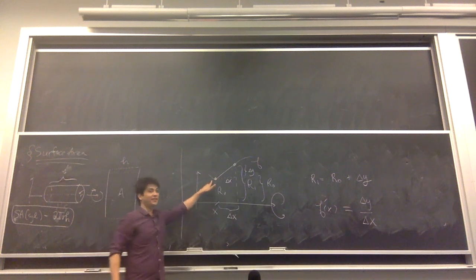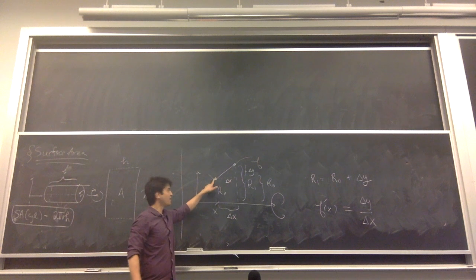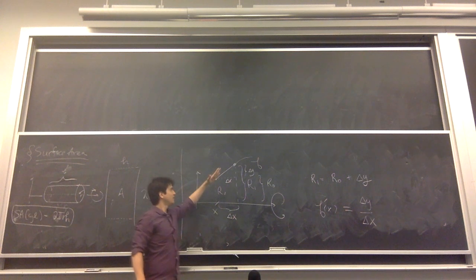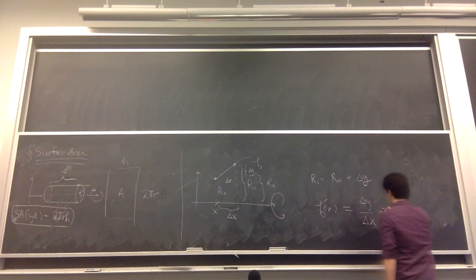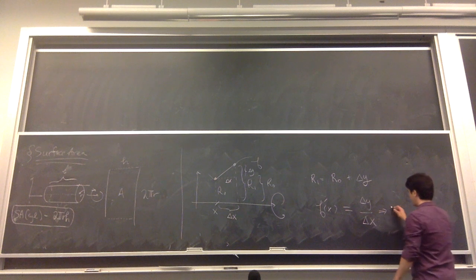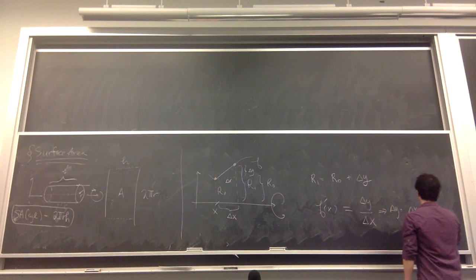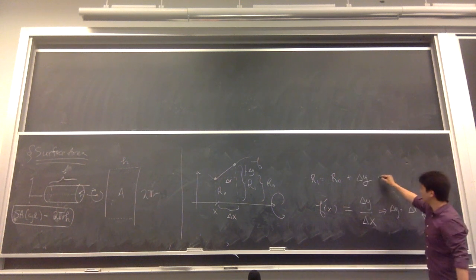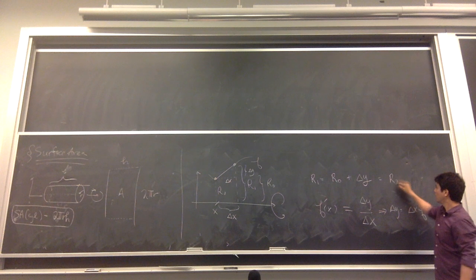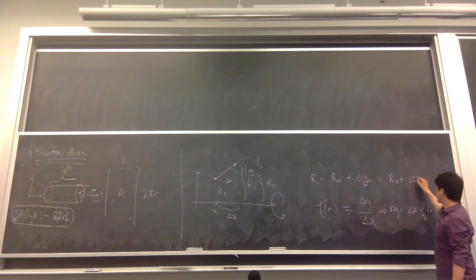It's a line, so the derivative gives me that tangent, exactly equal. So delta y can be written as delta x times f prime of x, and R1 is equal to R naught plus delta x f prime of x.